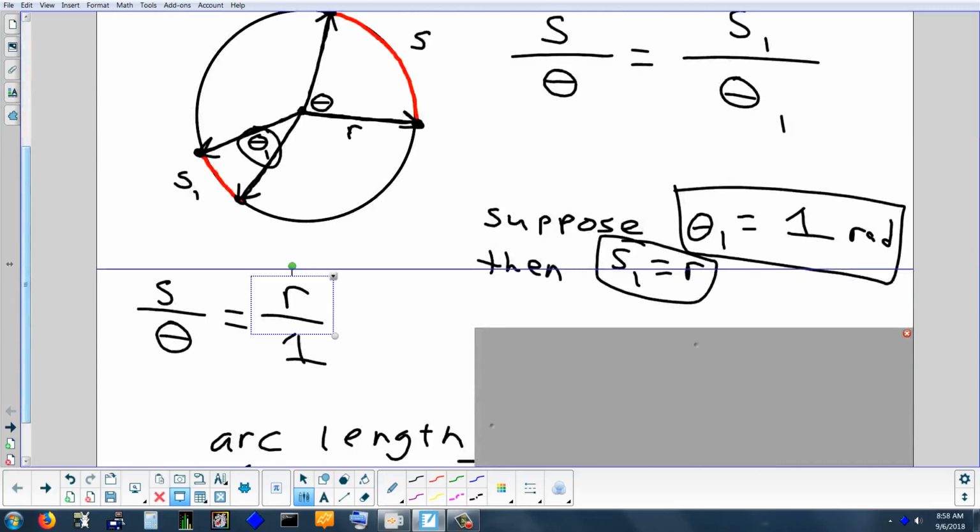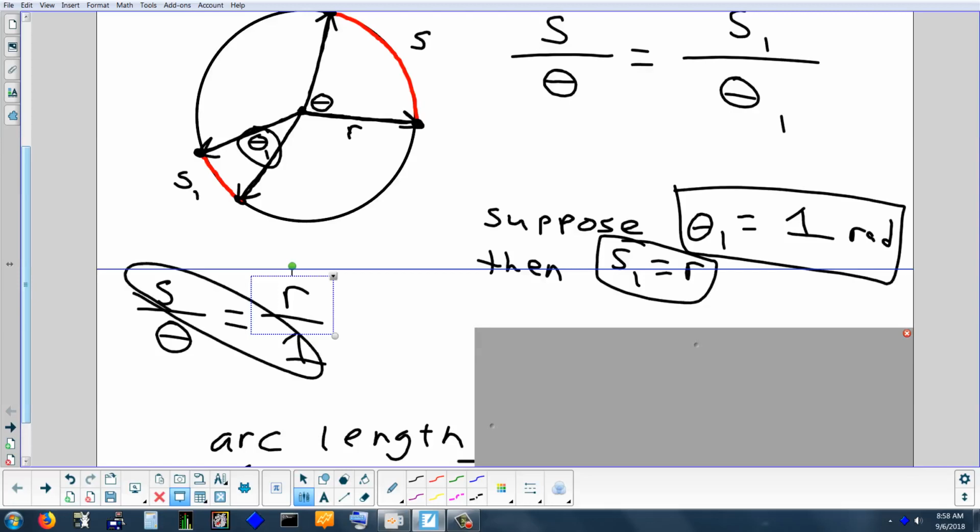And when you have a proportion, how do you solve that? Multiply by the reciprocal? No. So sometimes we multiply by the reciprocal. We're going to do that today. We are going to use the reciprocal, but not for this one. Anyone remember how you solve a proportion? You cross multiply.